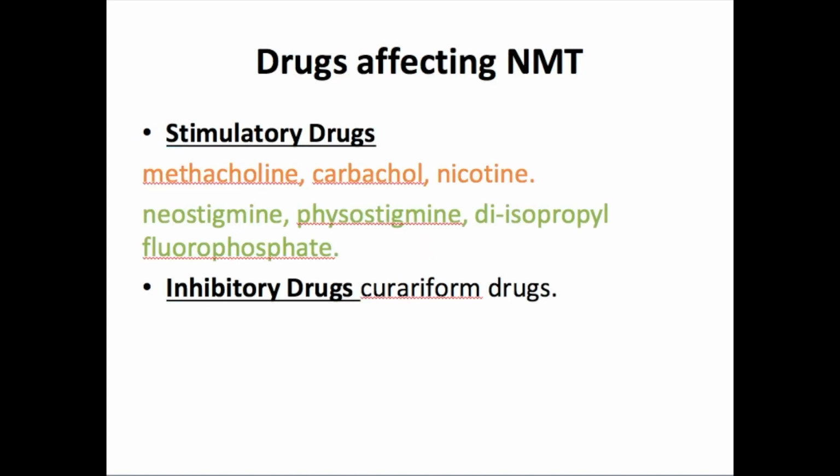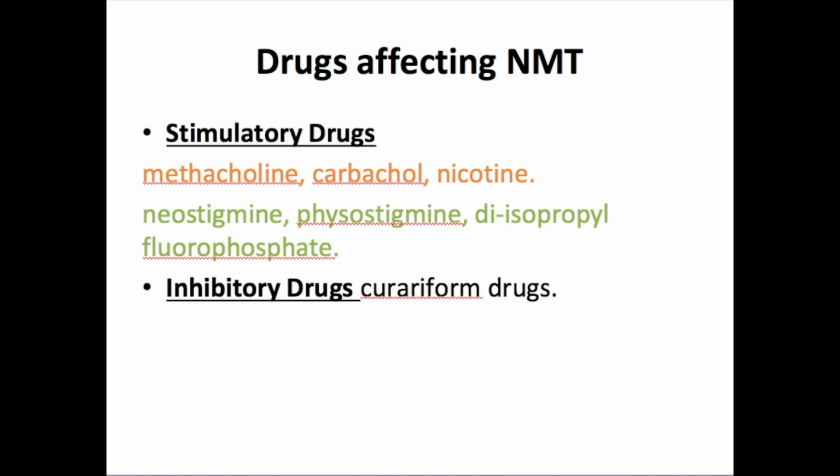Here I will just give you the names of the drugs that enhance or block the transmission at the neuromuscular junction. Drugs that stimulate the muscle fiber by acetylcholine-like action are methacholine, carbachol, and nicotine. Then there are certain drugs that stimulate the neuromuscular junction by inactivating acetylcholine esterase.